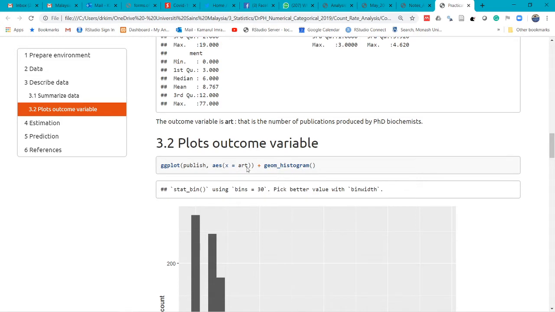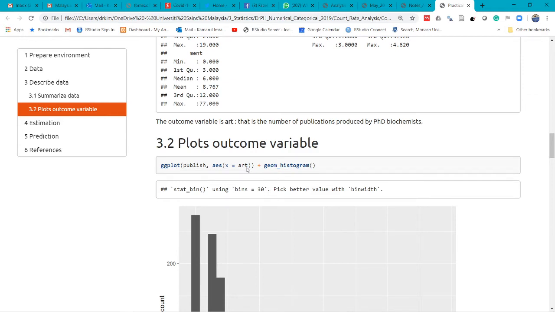I think this is the number of articles. Okay, the number of articles. The dataset came from a study where they look at factors that influence the number of articles published by academicians.